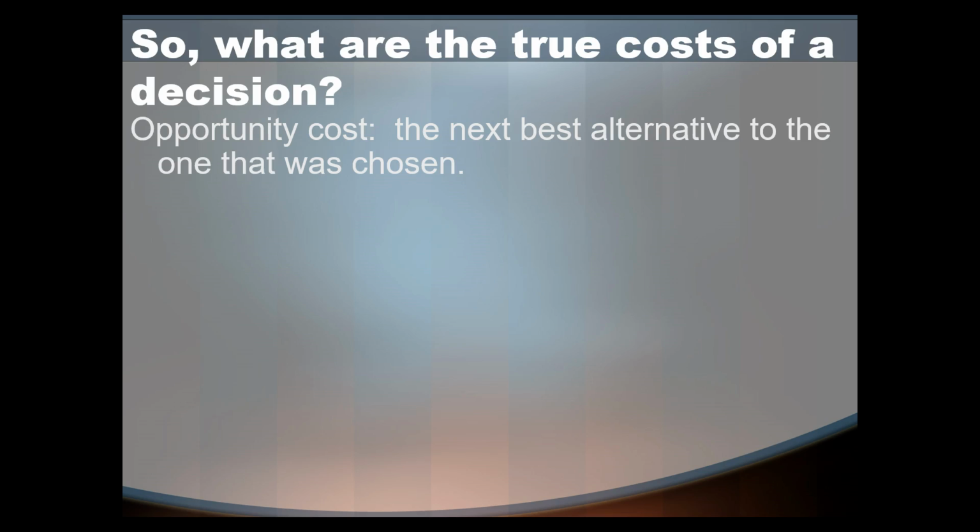Opportunity cost is the most important cost to an economist. Opportunity cost is the next best alternative to the one that was chosen. Or you could say that opportunity cost is the opportunity you lost. And this is the most important cost, again, for any decision that you make.